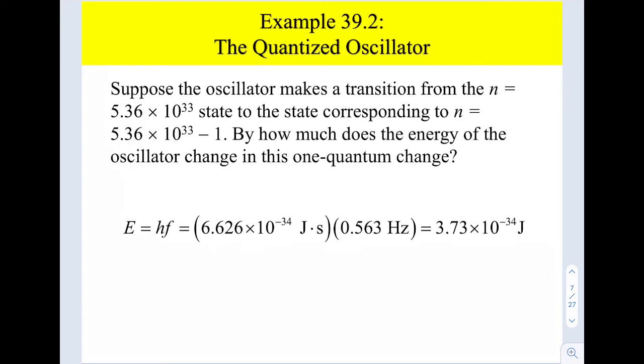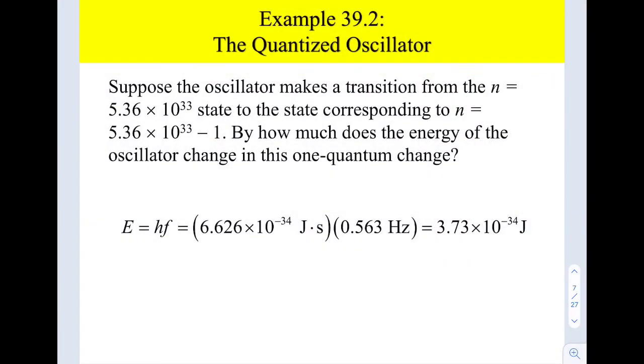Right. Suppose the oscillator makes a transition from the n calculated in part B just now to the state corresponding to n minus 1, meaning the adjacent lower level. By how much does the energy of the oscillator change in this one quantum?